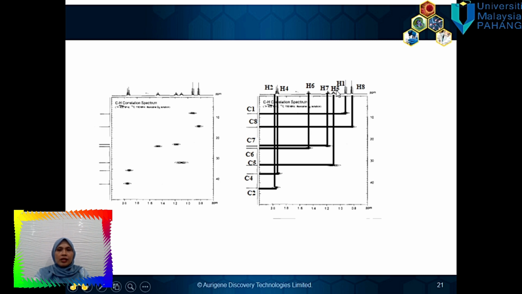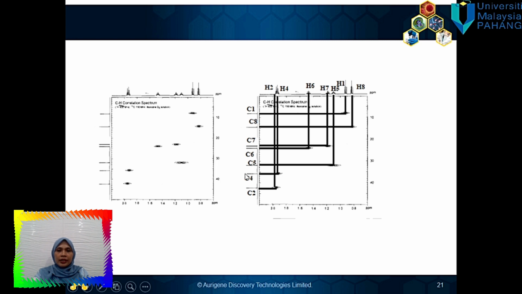Based on all this assignment, you know this is H8, because there is no label here, so automatically this one is C8. You already labeled the protons H8, H1. When H1 correlates with this one, it becomes C1. H5 correlates with this one, it becomes C5, and H7 correlates with this carbon, so automatically this one becomes C7, and H6 correlates with this carbon and we label it C6.